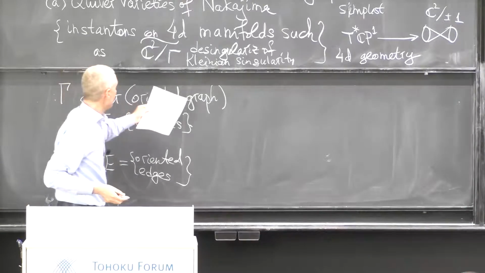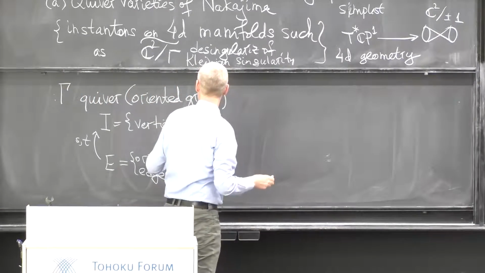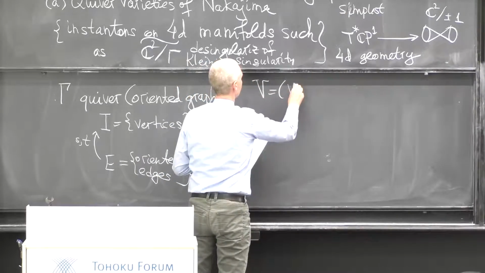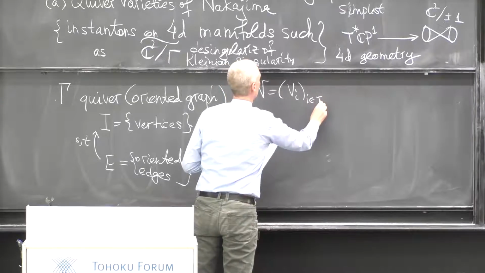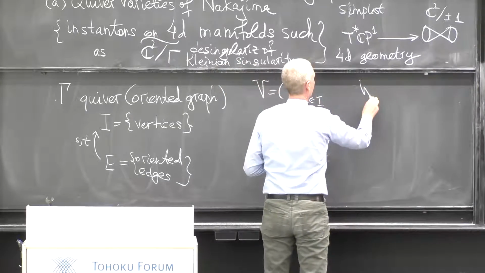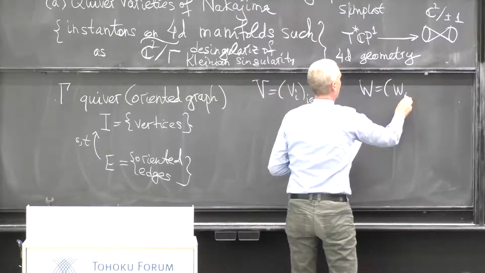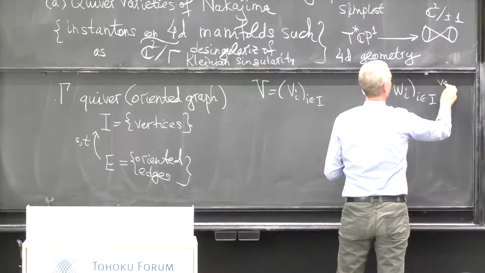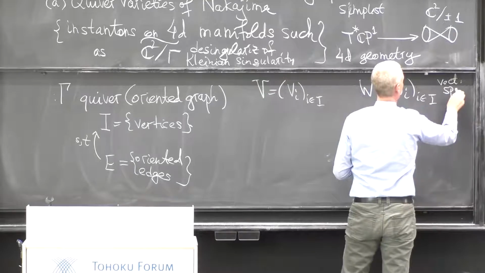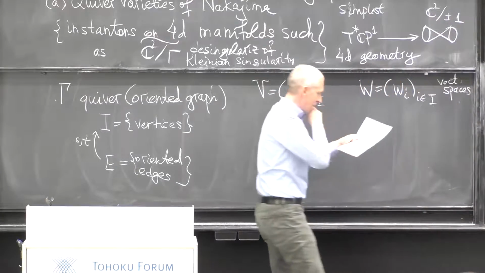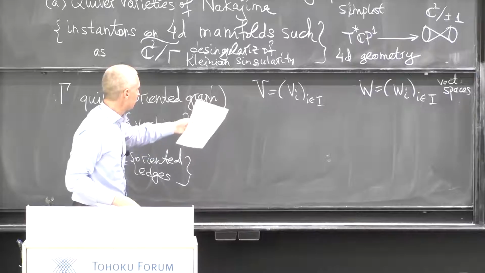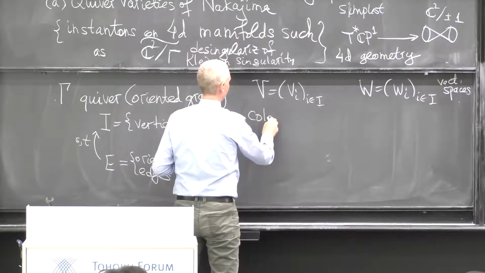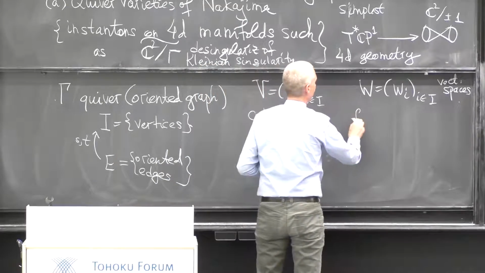And we fix two families of vector spaces, V_i and W_i, vector spaces. From the physical jargon, those vector spaces are a space of colors, and this is a space of flavors.